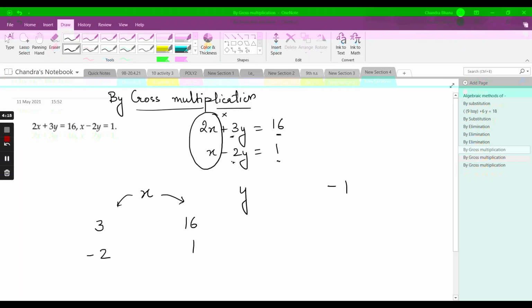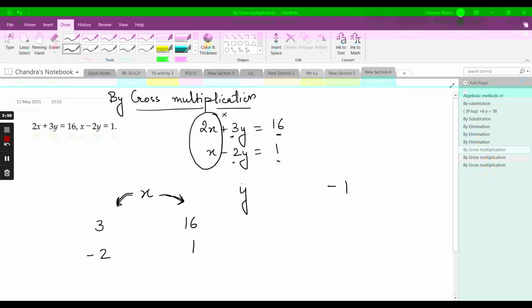So leave the x terms and look at the other two terms. My other two terms are of y. The coefficients of y, I just have to write the coefficients. So the coefficients of y on the left hand side of x, and the constants on the right side of x.